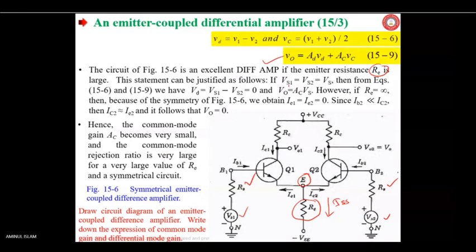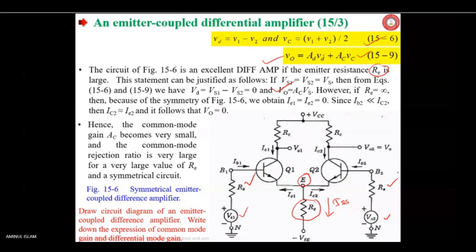If the signal sources VS1 and VS2 are the same, equal to say VS, then from equations 15-6 and 15-9 we can write that VD equals VS1 minus VS2 equals 0 and VO equals ACVS.